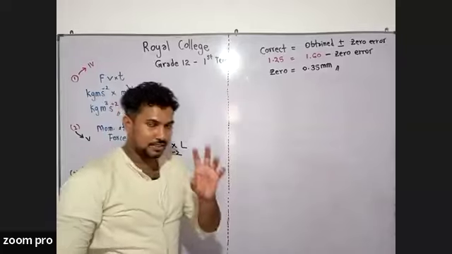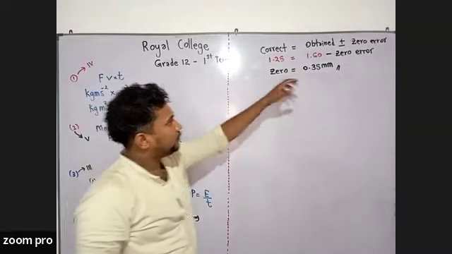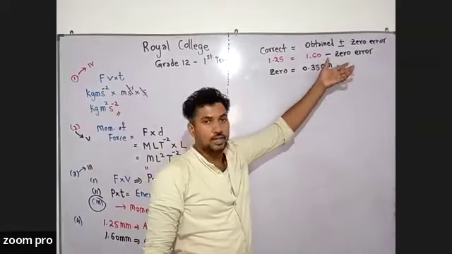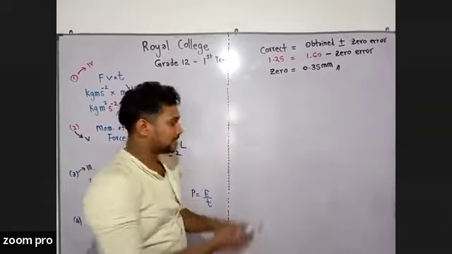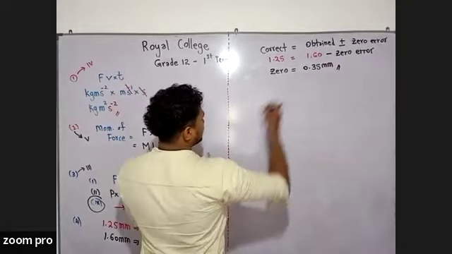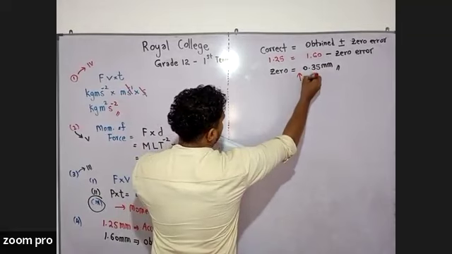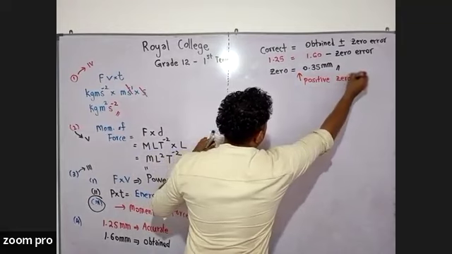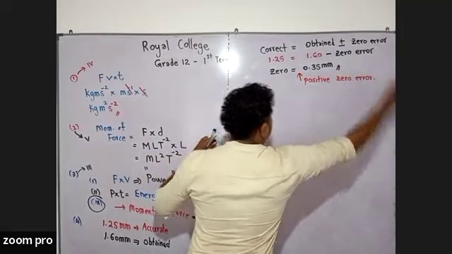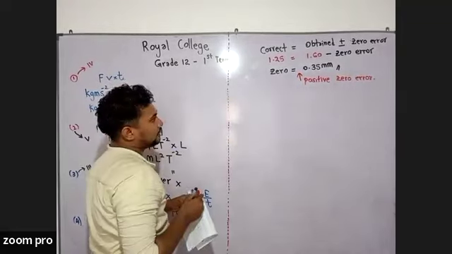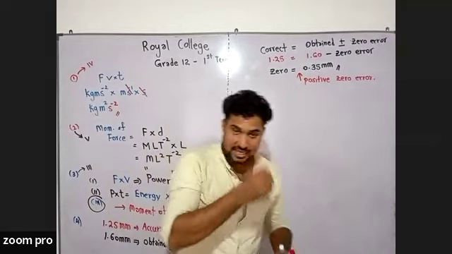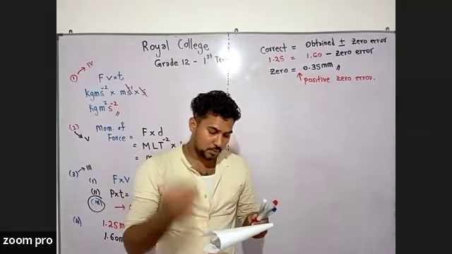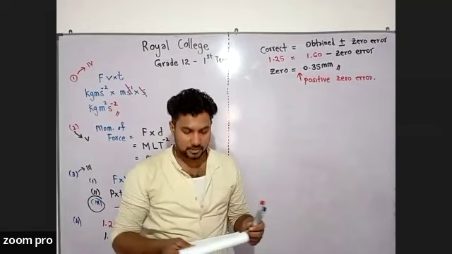Then now keep in mind that if we subtract the zero error, then obviously this zero error should be a positive zero error, right? So then now we have to select the diagram which represents the positive 0.35 millimeters, right?